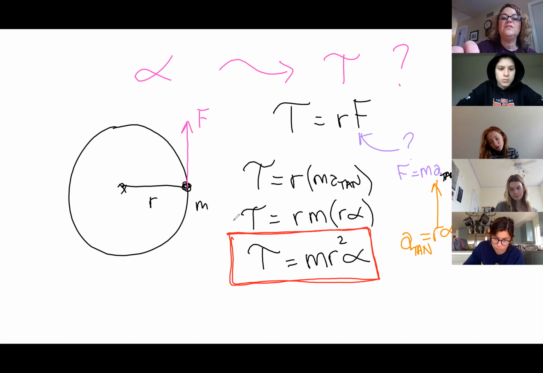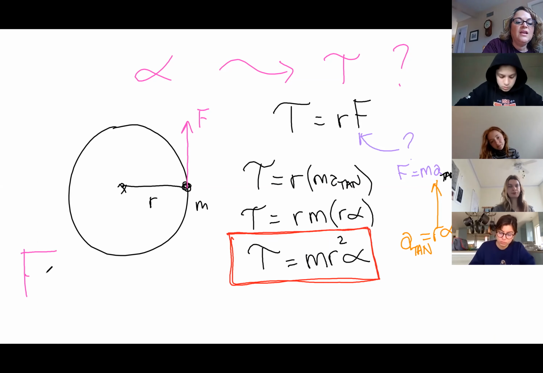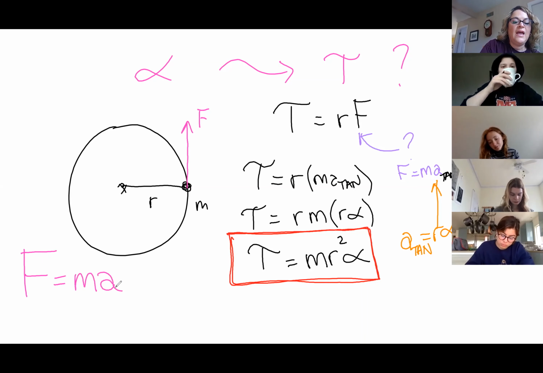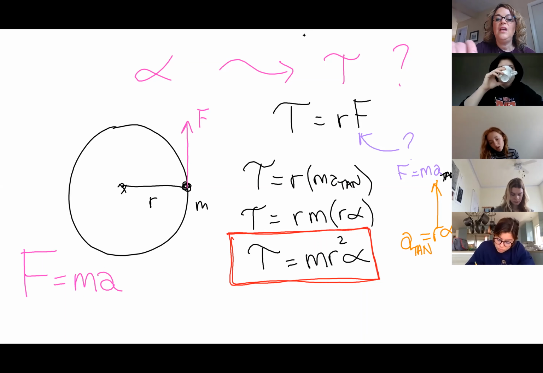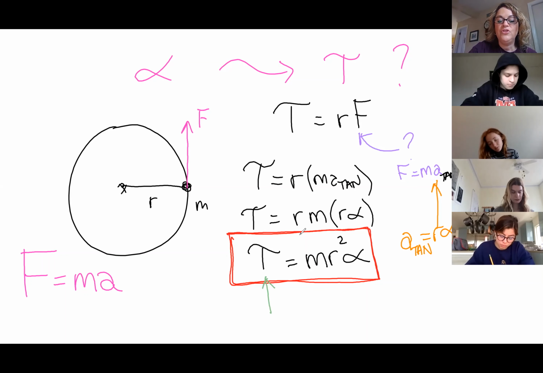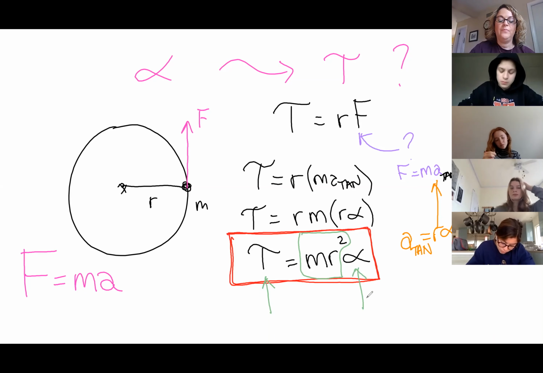There's a little bit of symmetry here in the rotational case to what is going on in the linear case. In the linear world, we said F equals m times a. Here in our rotational world, we're saying torque, which is a force-like thing, is equal to something times alpha.